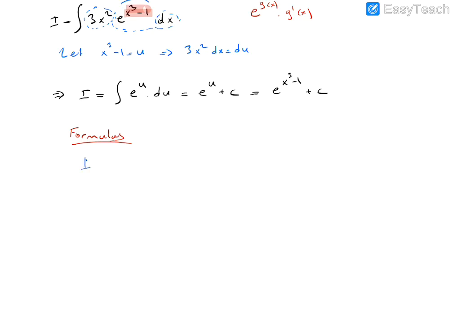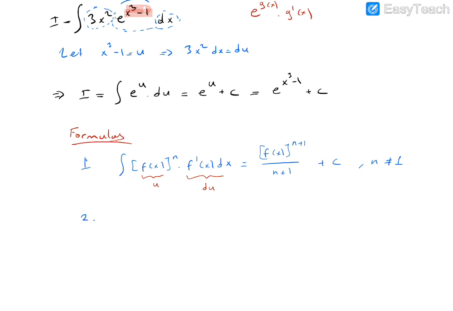First of all, the integral of f of x to power n times f prime of x dx equals, if you say here f of x is u, the interior function, this will be du, okay? So this equals u to power n plus 1 over n plus 1. U is f of x, so f of x to power n plus 1 over n plus 1 plus c. Of course, here n should be different than minus 1.